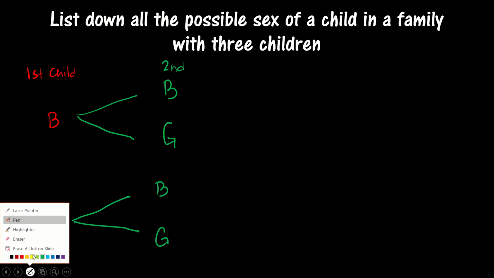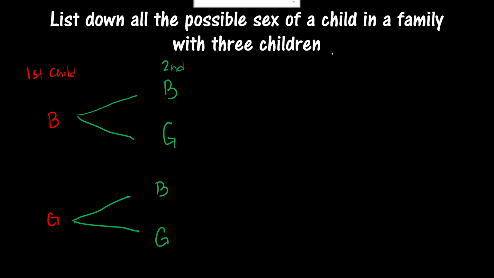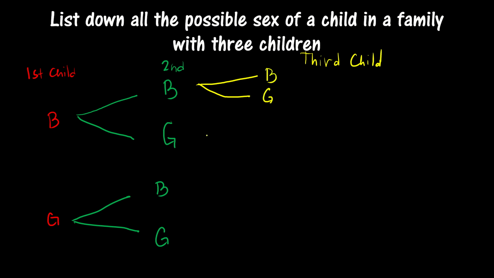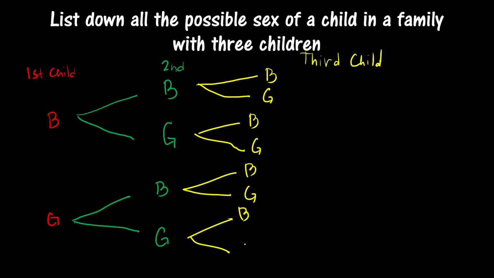Next, proceed tayo with the third child. For the third child, pwede ulit na maging boy or girl. Nakikita ko po paano yung ginagawa ko, boy or girl, boy or girl, then boy or girl.